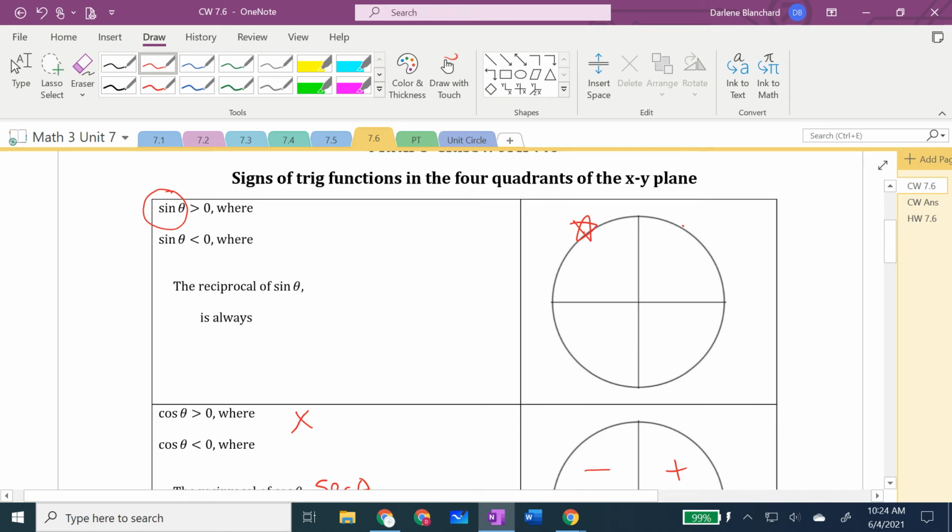But then if you use a reference triangle, what you're expected to do is use the x-axis as one side of your angle, and the other side of your angle is going to be in the quadrant that is stated.